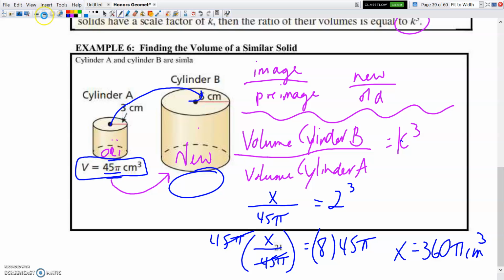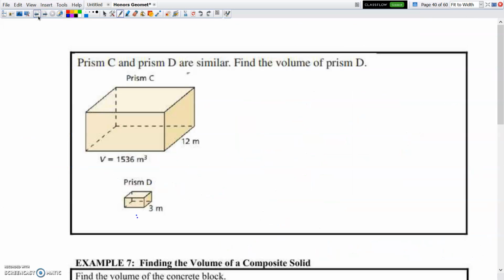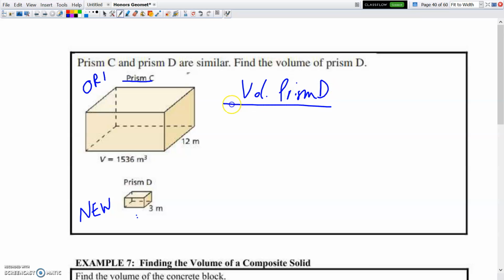Okay, so let's set up another one just like that. So here, prisms C and D are similar. They tell us to find the volume of prism D. So I'm going to take it that this is my original, this is my new. So I can say the volume of my new, which is prism D, over the volume of my original, which is prism C, is going to equal the scale factor.